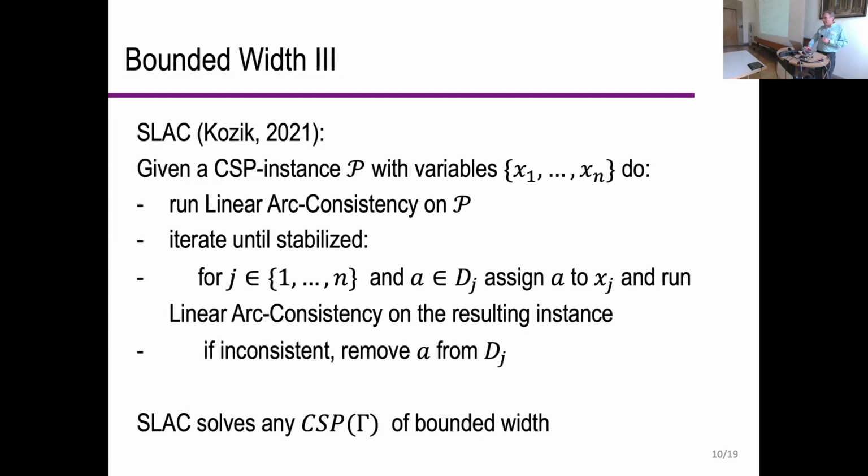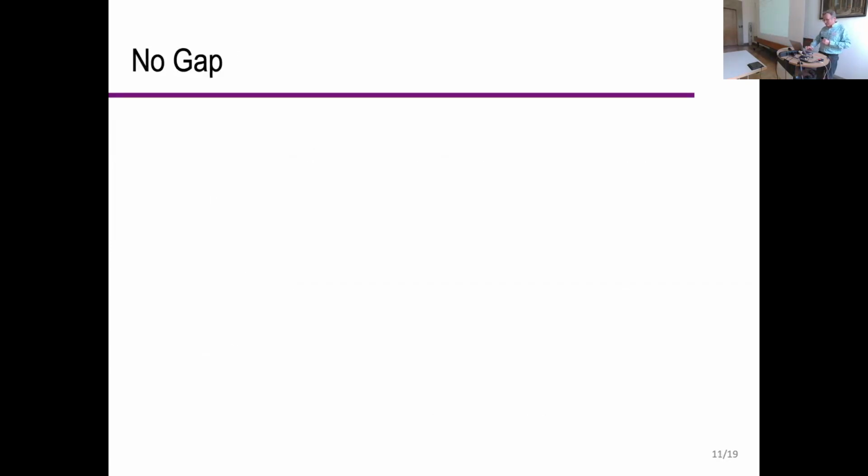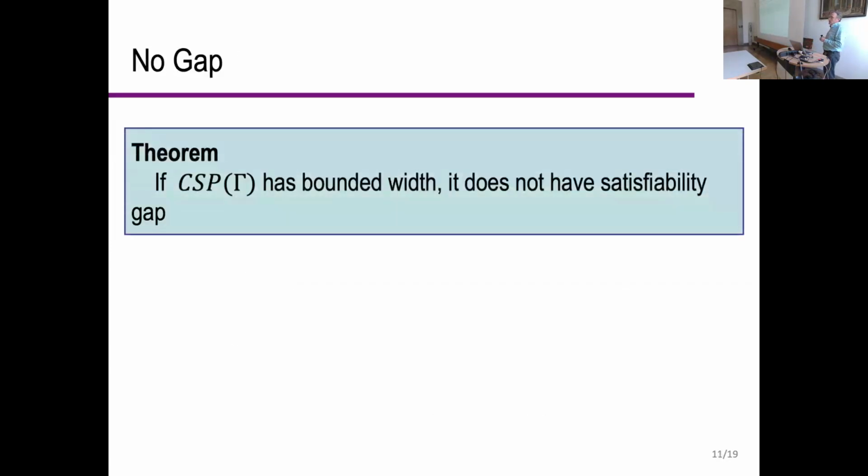All right. So what can we do in terms of operator solutions and this bounded width? If our CSP has bounded width, there is no satisfiability gap. Why is that, and how can we prove this? The most natural way of proving something like this is: suppose I take a CSP of bounded width, and suppose it doesn't have a classical solution.